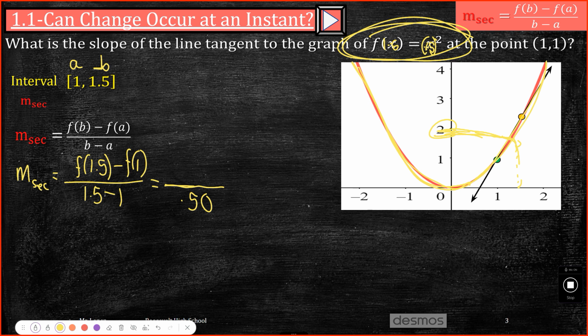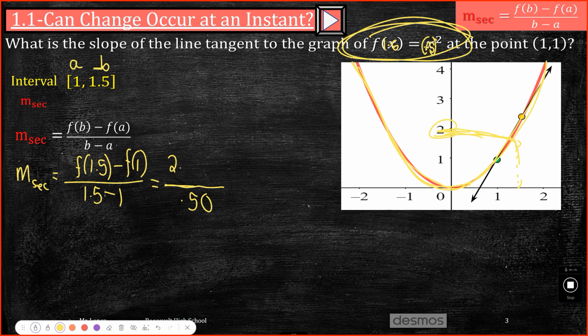Get your calculators. It is not 2.5. What's 1.5 squared? I think it's 2.25. Yes or no? All right, so it's 2.25.